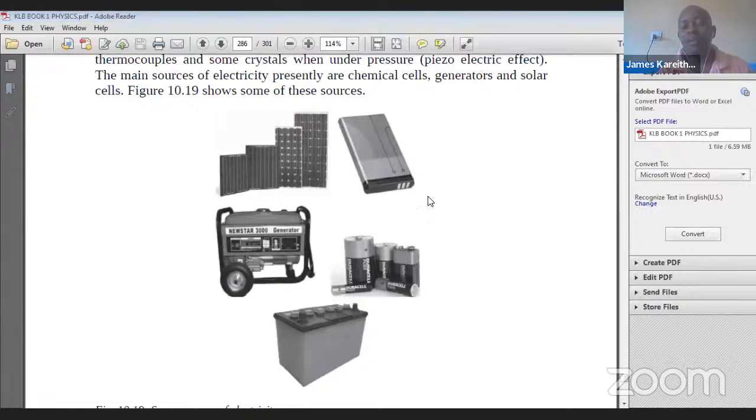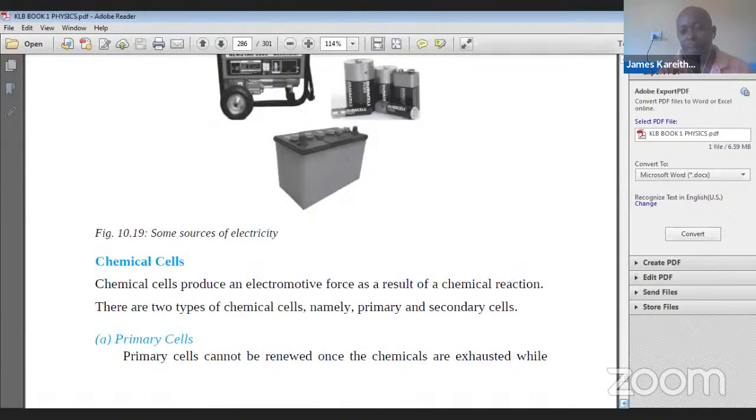That is why your phone is known as a cell phone, because it is powered by some cell, which is chemical in nature. Then we have solar cells, and I believe most of us in the rural areas are using solar cells to generate electricity, or solar energy for that matter.